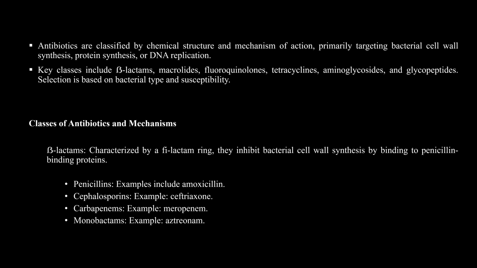Antibiotics are classified by chemical structure and mechanism of action. The mechanisms primarily target bacterial cell wall synthesis, protein synthesis, and DNA replication. Classes include macrolide, fluoroquinolone, tetracycline, aminoglycoside, and glycopeptide.